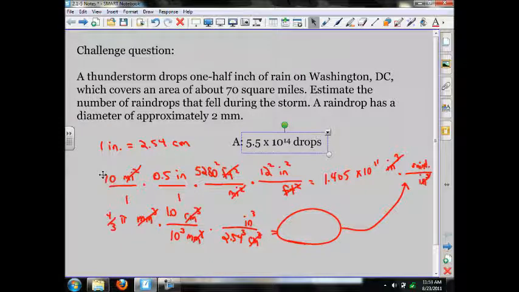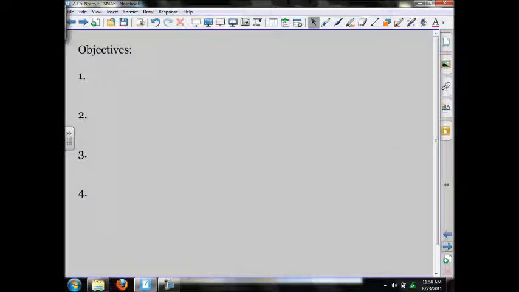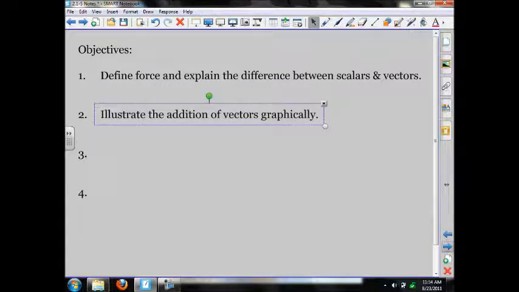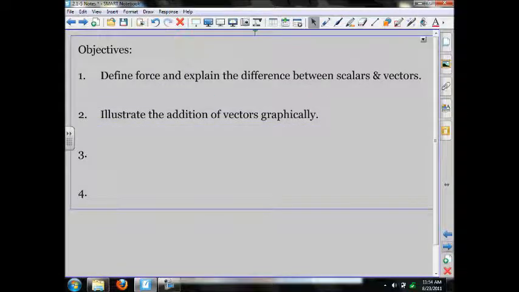All right, let's get into today's lesson. Objectives for today. First of all, to define force and explain the difference between scalars and vectors. All stuff you've done before, hopefully, in modern physics. So we'll talk about force. We'll talk about adding vectors graphically.